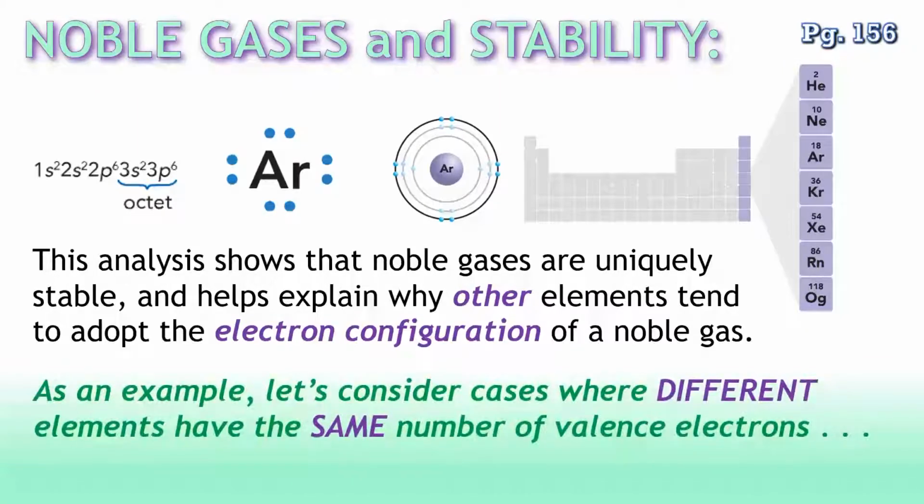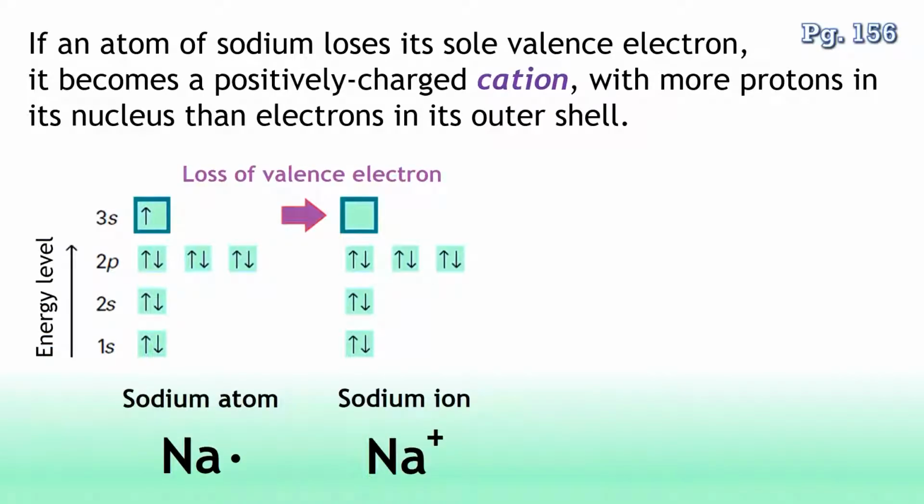As an example, let's consider cases where different elements have the same number of valence electrons. So if an atom of sodium loses its sole valence electron, it becomes a positively charged cation with more protons in its nucleus than electrons in its outer shell.